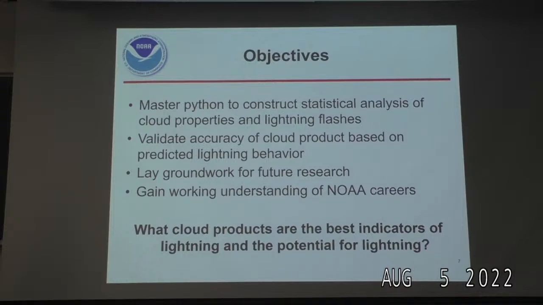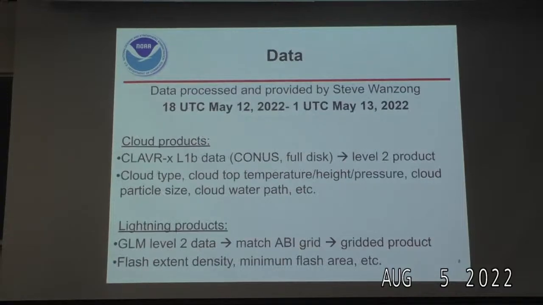As a part of my Hollings program, another objective for me on a personal level was to gain a better working understanding of NOAA as an organization, the types of careers you would do within a NOAA career, not just here working with NESDIS, but throughout the entire organization. And so the primary question driving this research was: what cloud products are the best indicators of lightning and its potential?